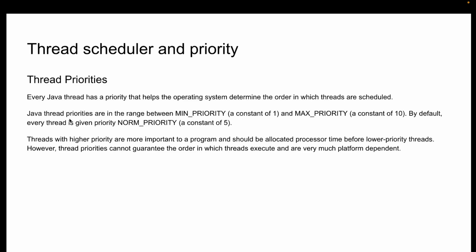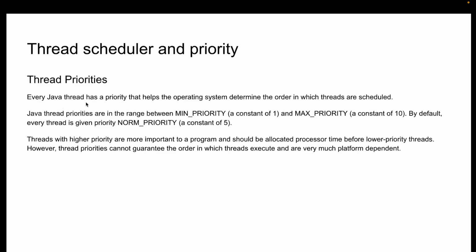You can go and set the priority. There are methods like setPriority, with a value of 1 to 10. By default, if you do not set your priority, there is a default priority of 5. 1 is the least priority, and 10 is the highest priority.